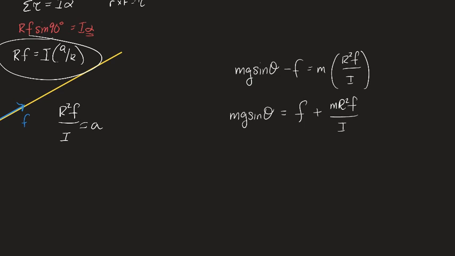Is that good for you guys? So factor out the f. 1 plus mr squared over I equals mg sine theta. We good so far? All right. Solve for f.